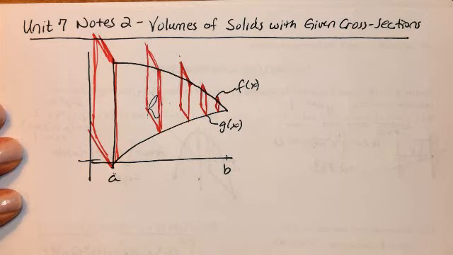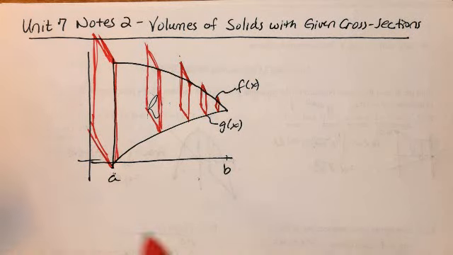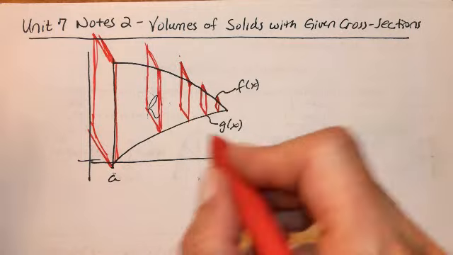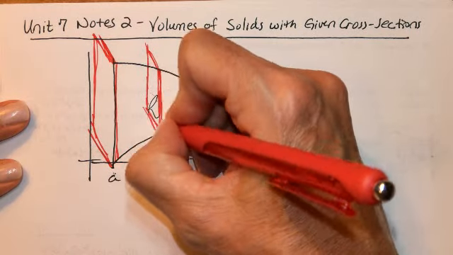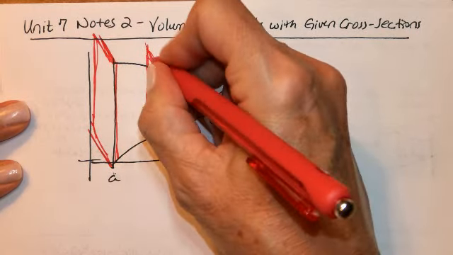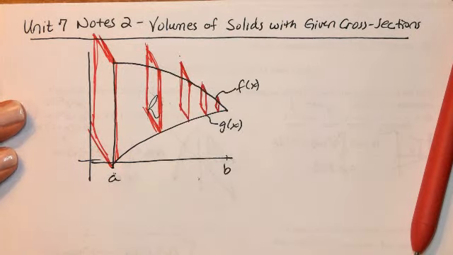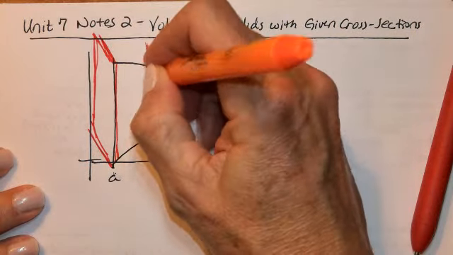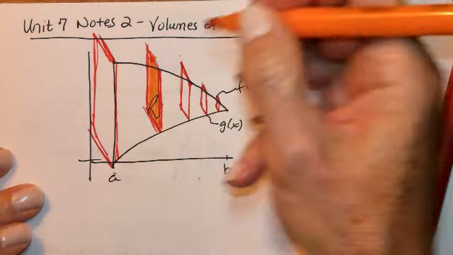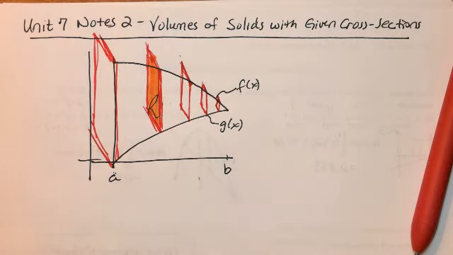Just like we did with our areas, I want to take one of these and examine it. So I'm going to take this piece right here, and do you agree that it has area? In fact, we know a formula for the area of a square, don't we?